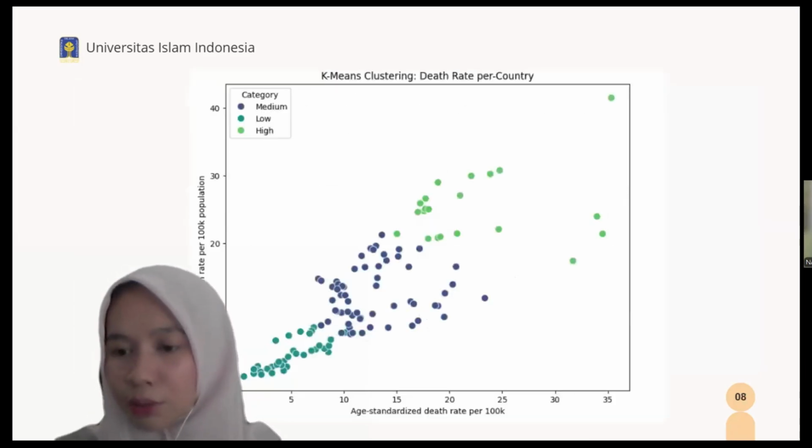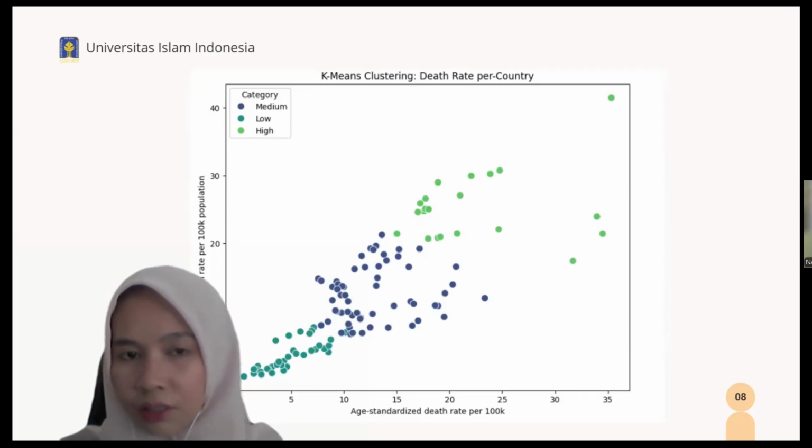After preprocessing, we apply K-means clustering with 3 clusters. In the resulting scatter plot, with categories high, low, and medium, the x-axis represents the age-standardized death rate.